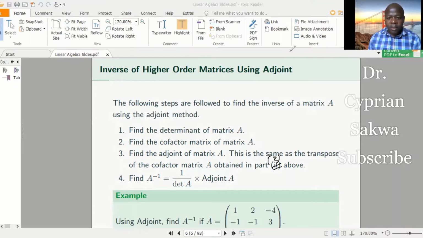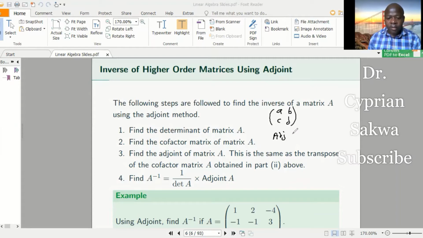Let me remind you how to find the adjoint of a 2 by 2 matrix. So if I have a 2 by 2 matrix A, B, C, D, what is the adjoint of this matrix? I'll abbreviate it as adj.